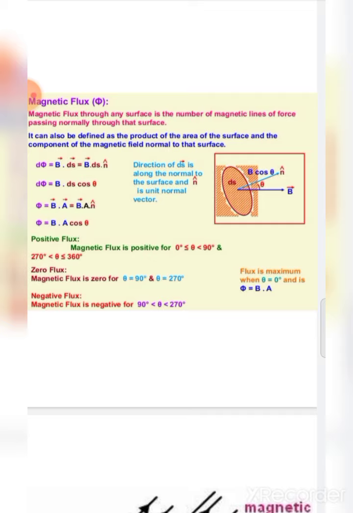If the angle lies more than 90 degrees, then we can take the flux as negative. If the normal drawn on the surface is in the direction of the field, then the flux is taken as positive. If the normal on the surface is opposite to the direction of the field, that is theta is 180 degrees, then the flux is taken as negative.